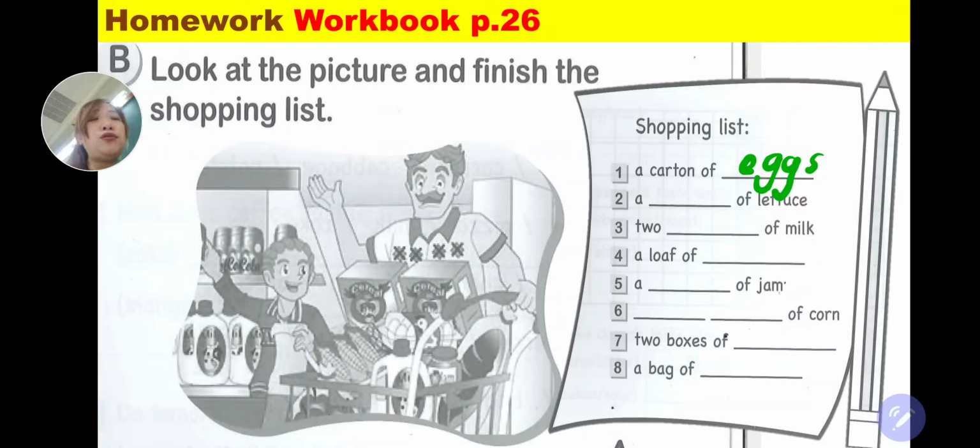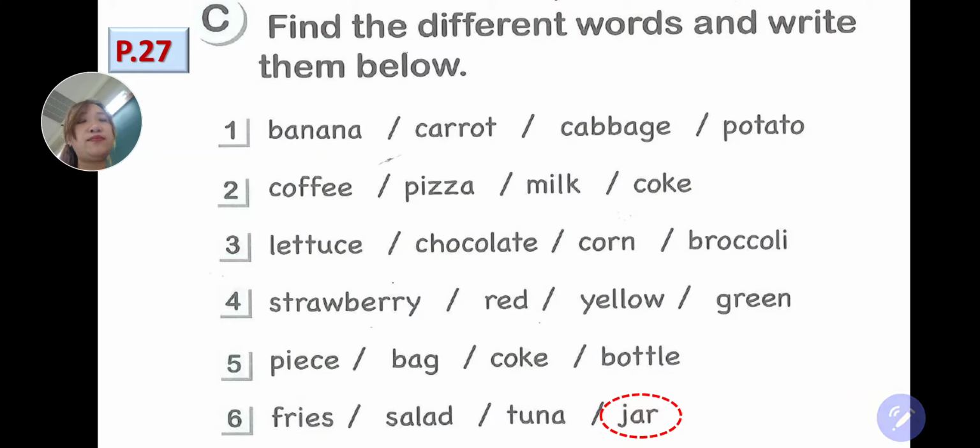Number 3, 2 of milk. 2什么的牛奶？2瓶的牛奶。So how to say 2瓶？Number 4, a loaf of 什么？How can you finish this shopping list by yourself? Okay, so let's move on to page 27. 好 page 27, number 1.